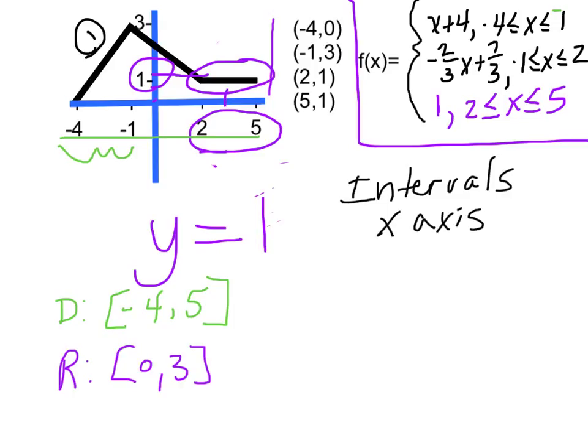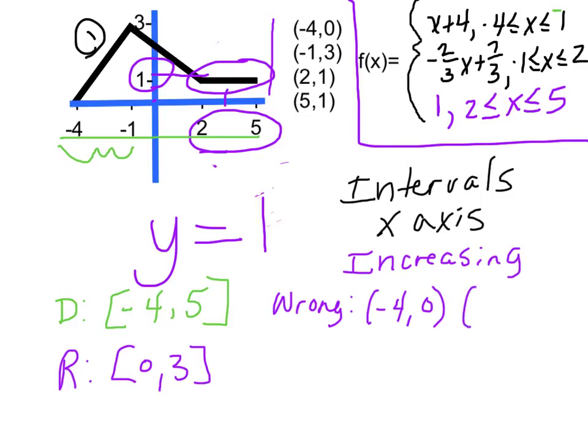If I asked you where is the function increasing, this would be how some of you wrote it where you got this wrong, and you wrote it as points or ordered pairs, and you said, well, it's increasing between (-4, 0), and then you wrote an and or something in between, and you did (-1, 3).